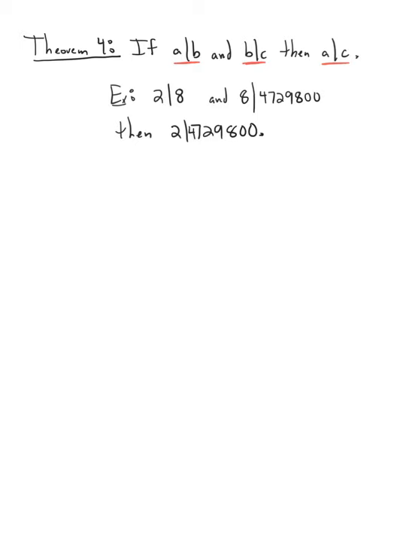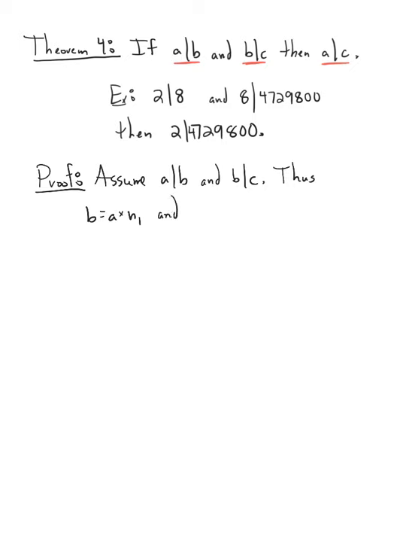Let's prove this. It's not particularly hard. So let's assume that A is a factor of B and B is a factor of C. What does this mean? This means that we can write B as A times some number and C as B times some other number.